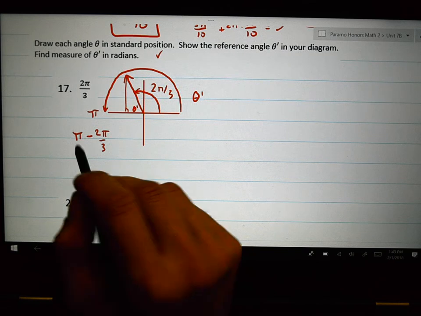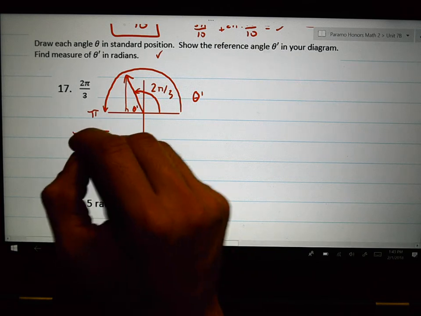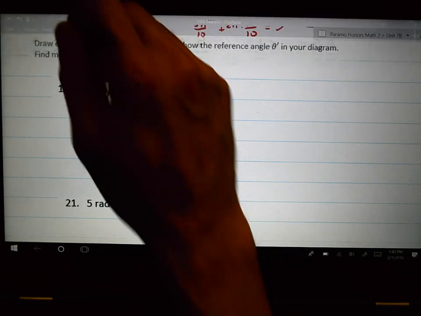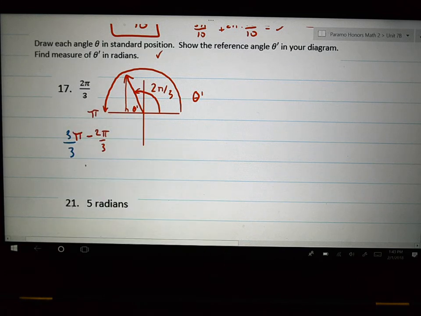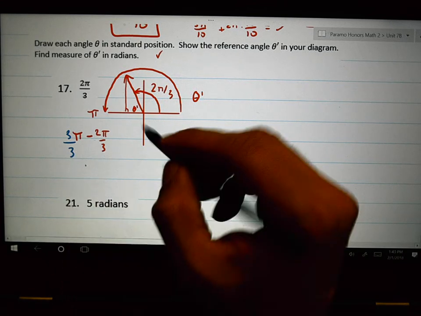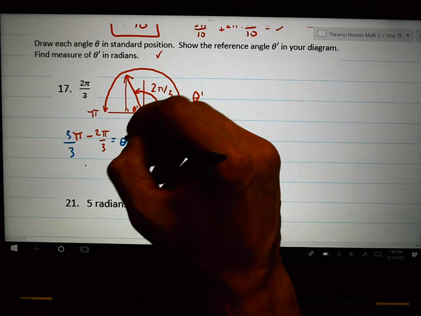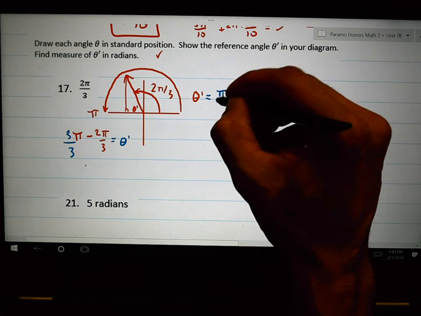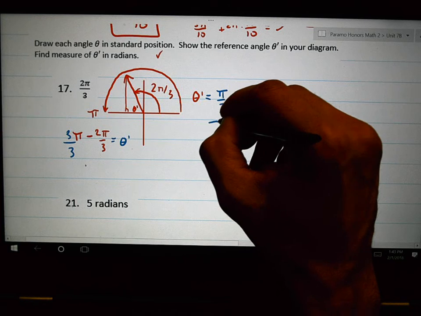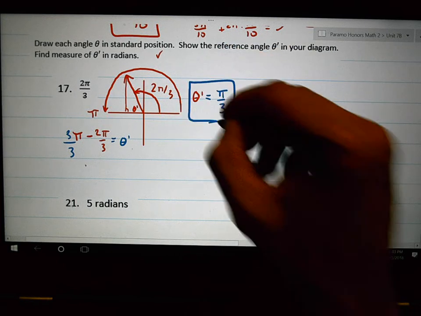Don't hesitate to take this pi and multiply it by 3 over 3, so turn it into 3 pi over 3. 3 pi over 3 minus 2 pi over 3 is what theta prime is going to be equal to. What is theta prime going to be equal to? It's that common denominator that we talked about earlier. That's our answer.